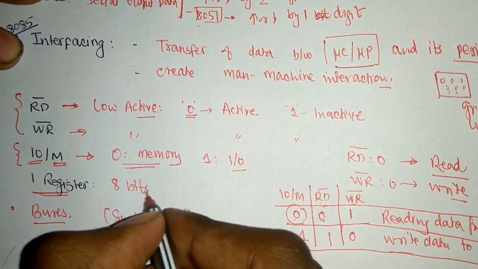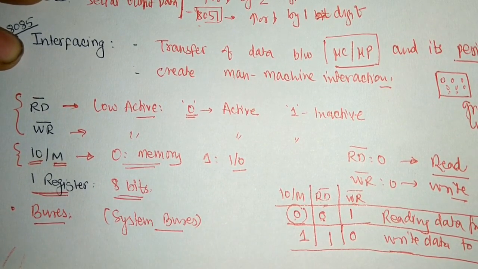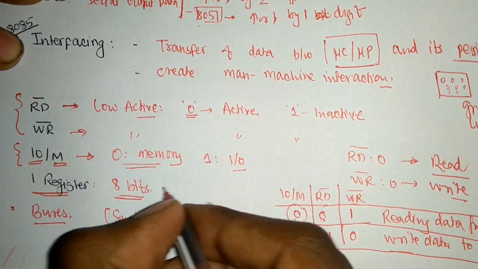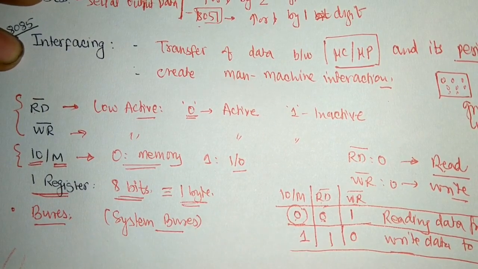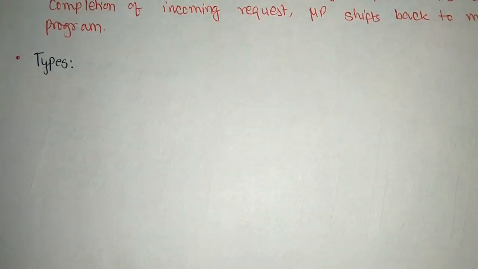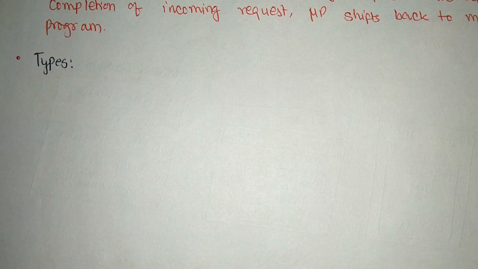We have already seen in our 8085 that one register can store 8 bits, and 8 bits are equal to 1 byte. That is how we decide the number of registers, how many registers we need to have in our system to store a certain amount of memory. We will see examples of that also by the end of it.